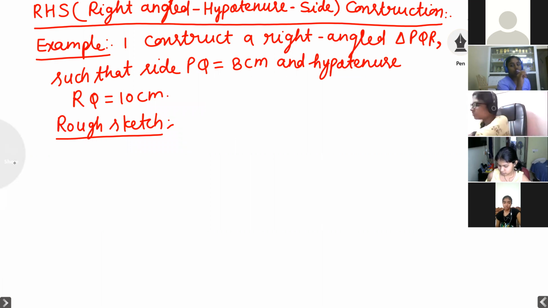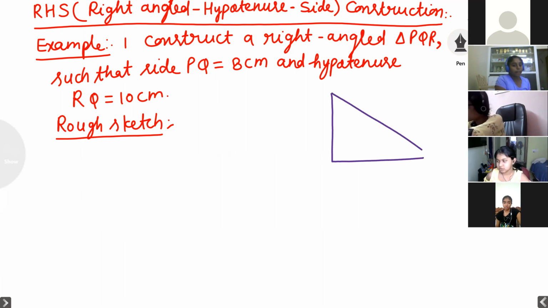Rough sketch: triangle PQR. Angle P is 90-degree angle. RQ is hypotenuse 10 centimeter and PQ he has given 8 centimeter.